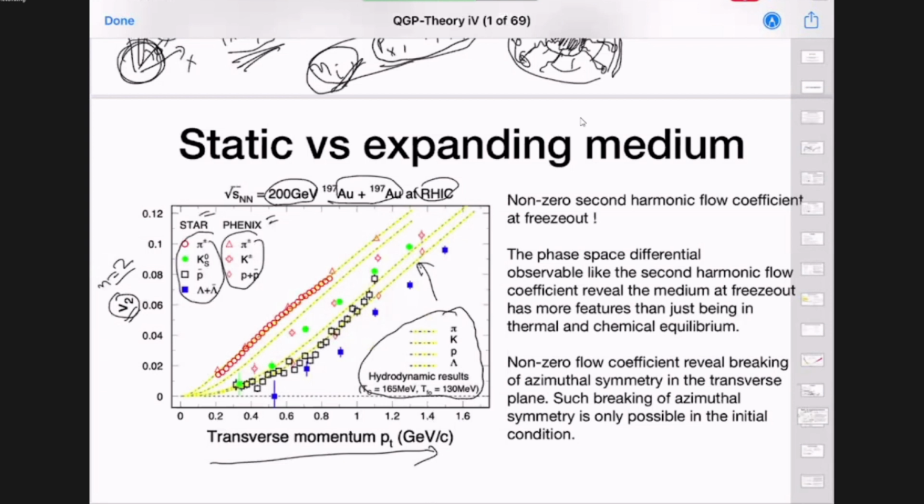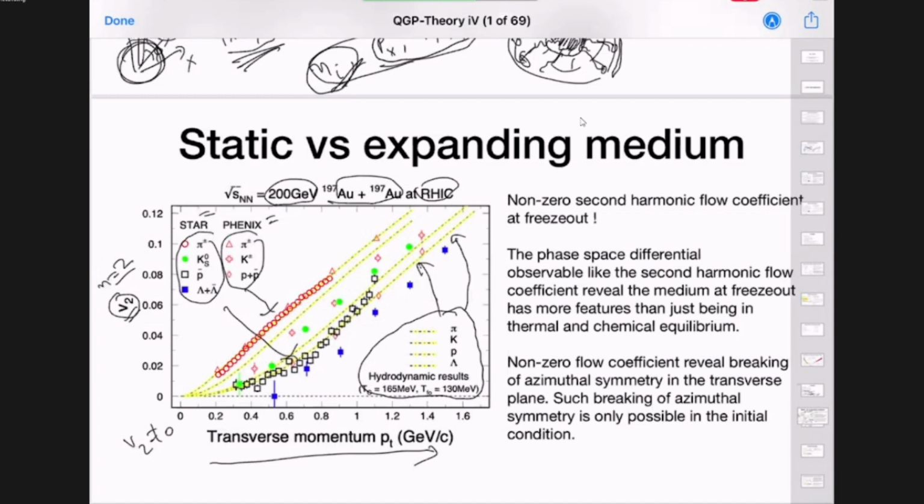Now, in this course, we won't focus on this model calculation. However, in this school we do have a dedicated two-lecture course by Victor, where he will be explaining this model framework in detail. But for now, I just want you to focus on the symbols, which are the data. And what it is telling us is that indeed this V2 is non-zero.